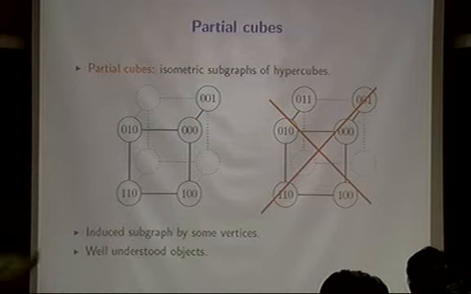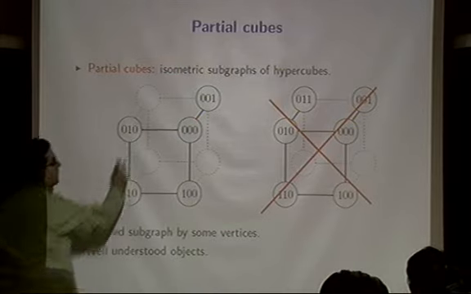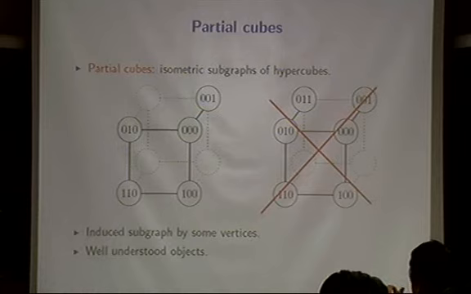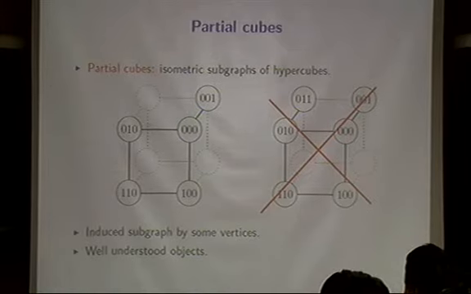Of course, the ones that get killed, the ones that disappear, are not relevant for the distance. Okay? This is not actually the induced subgraph by some vertices, but for 3D this is a good picture. This statement is actually not true.